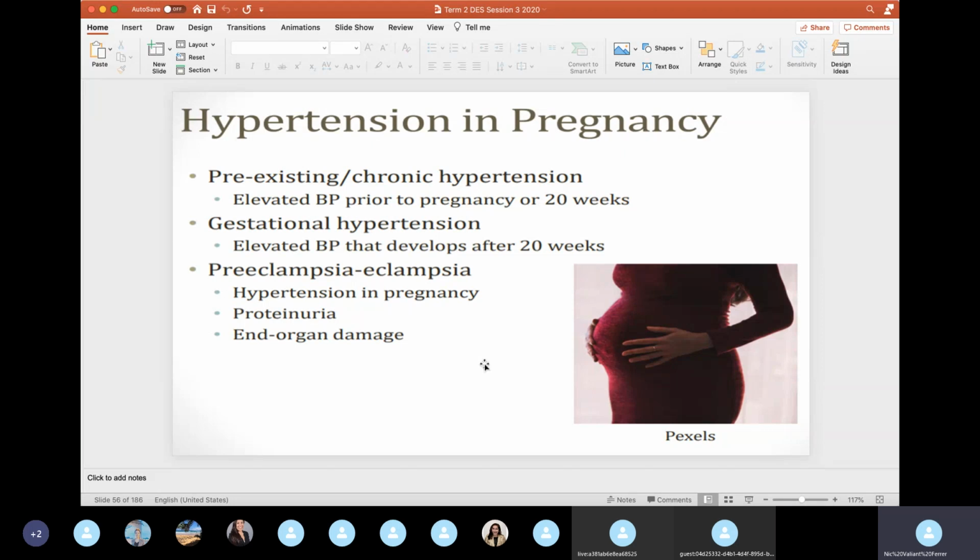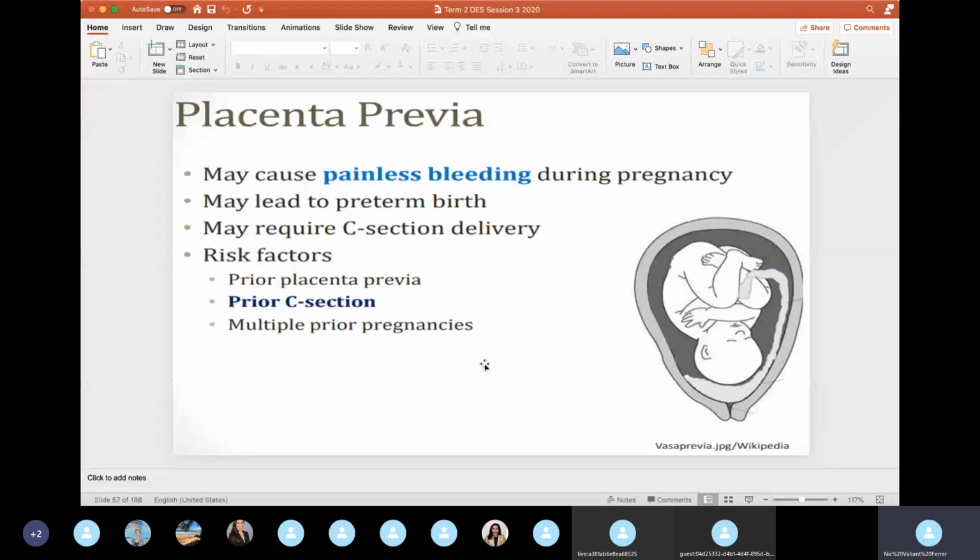Neurological symptoms, specifically seizures. If you see in the vignette hypertension, proteinuria, and then there's seizure there, it is eclampsia, okay? That's the difference between preeclampsia and eclampsia. Eclampsia, you have an additional symptom of seizures. Excellent. Term 4, you're going to learn about how to manage eclampsia and preeclampsia.